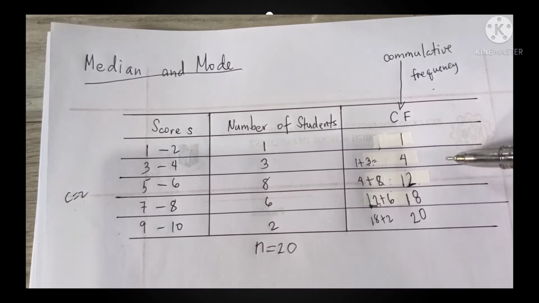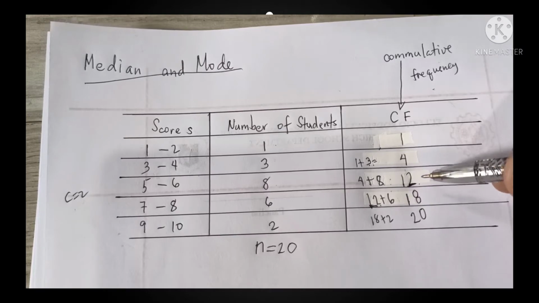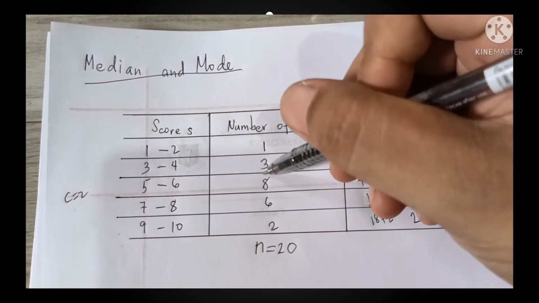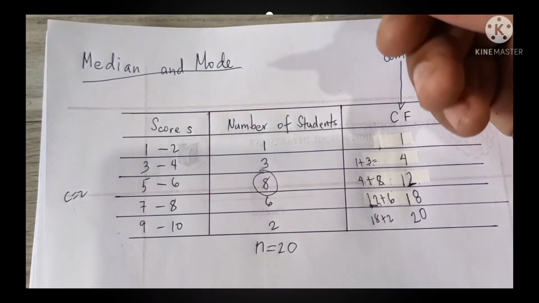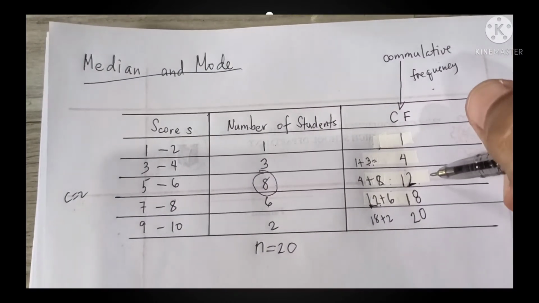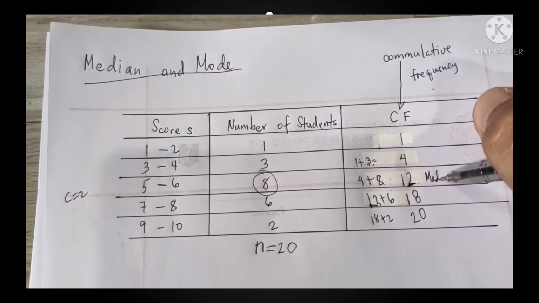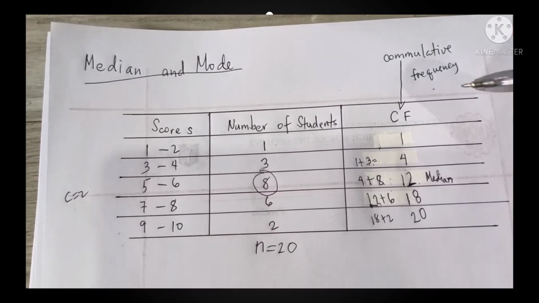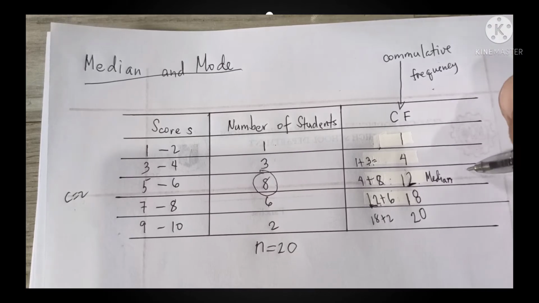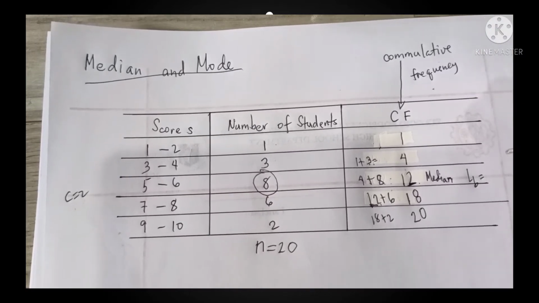To get the median class, you simply get the bigger number of students. Meaning this 8 is our median, so the median class is here, where the cumulative frequency is 12. Then, what is the lower boundary?